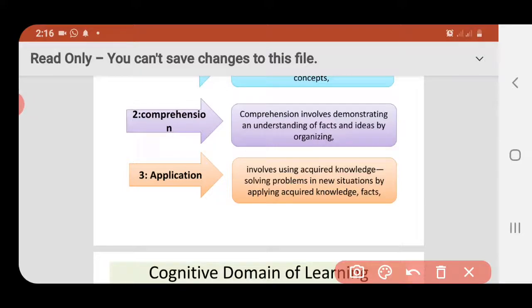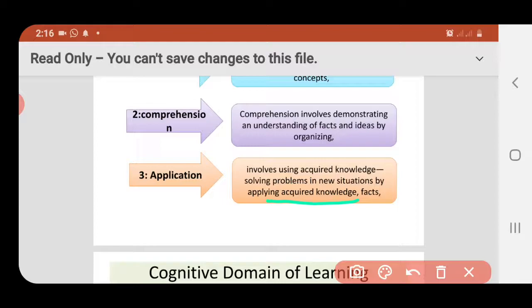The third step of the cognitive domain levels is application. At first a child will get the knowledge, then he comprehends it, and after that he will apply that knowledge. Application involves using acquired knowledge and solving problems in a new situation by applying acquired knowledge and facts.